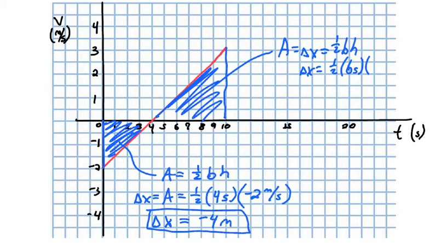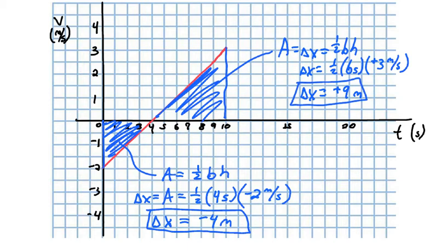Our height there is from 0 to 3 meters per second. That's a positive 3 meters per second. Let's go ahead and put that direction information in so we don't forget about it. So delta x then is 1/2 times 6 is 3, times a positive 3 is plus 9. Seconds times meters divided by seconds, meters for our units.